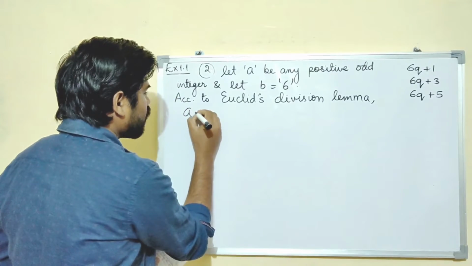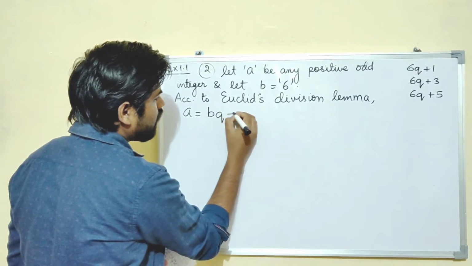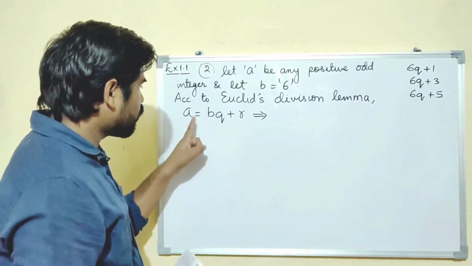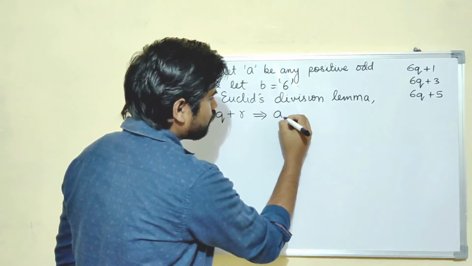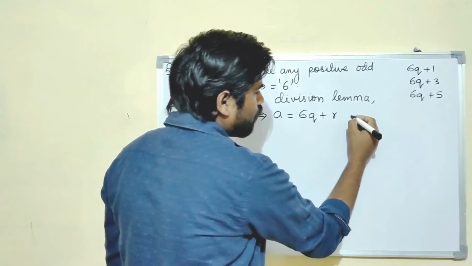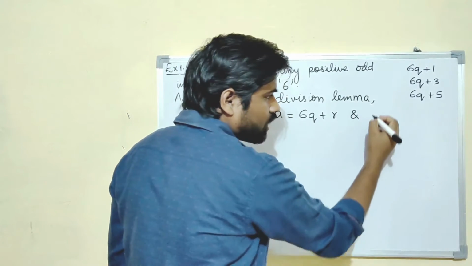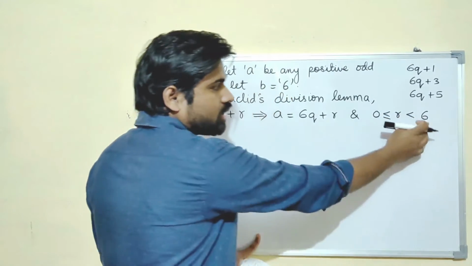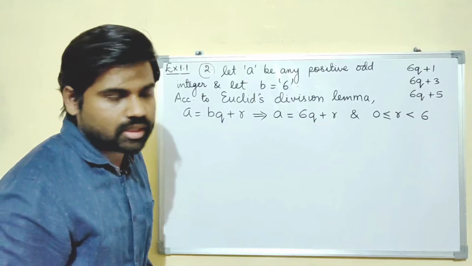Now we will substitute the value of b here. So we will get a equals 6q plus r, and what was the condition? That 0 is less than or equal to r, less than b.